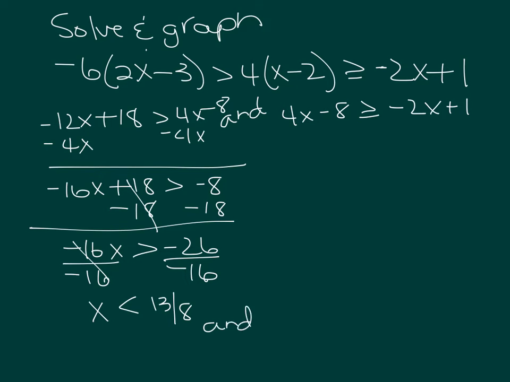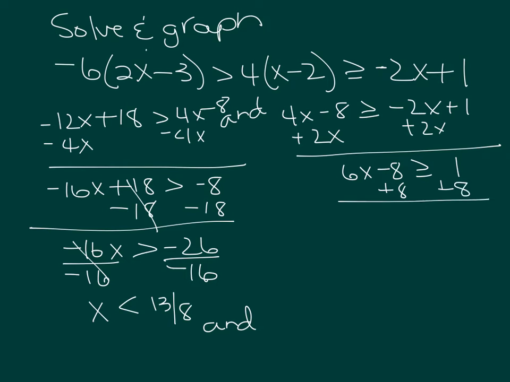And on the right side, if I add 2x to both sides, we get 6x minus 8 is greater than or equal to 1. Add 8 to both sides, and you get 6x is greater than or equal to 9. Divide both sides by 6, and x is greater than or equal to 3/2.